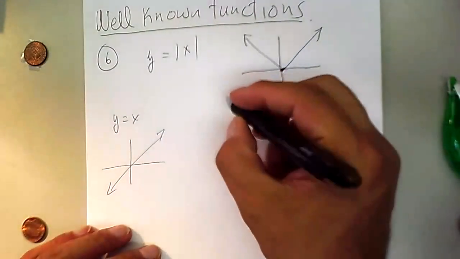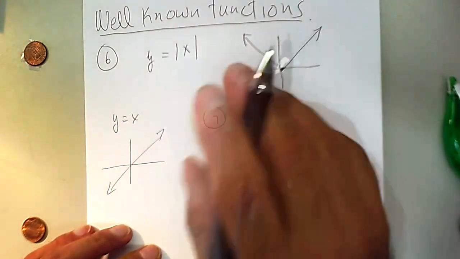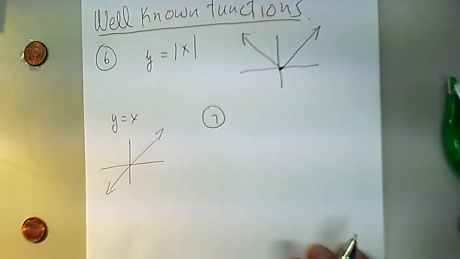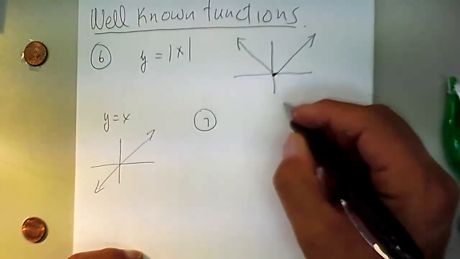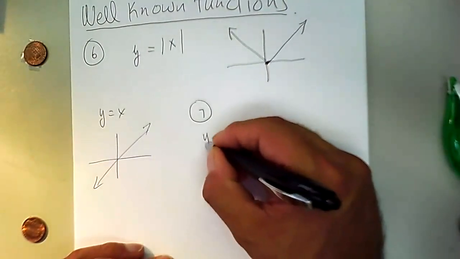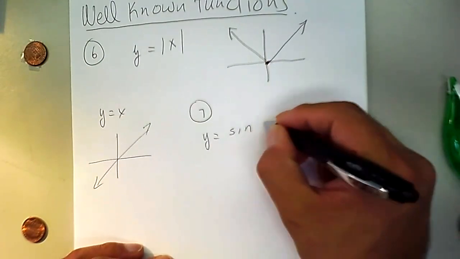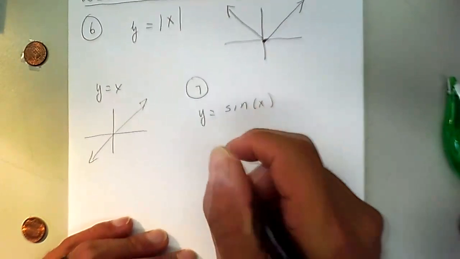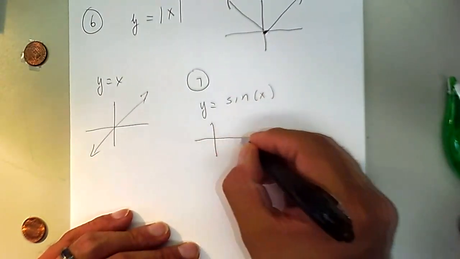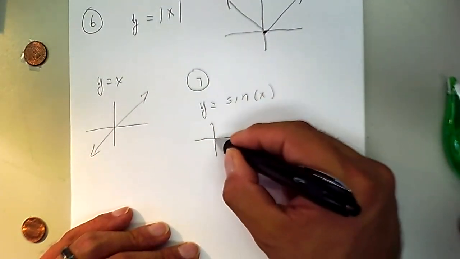Let me give you another example, 7, which is not part of this class. It isn't. But I just want to show you how dramatic this is. Let's say you have y equals sine of x. Don't get scared. This is a wave. I'm just going to tell you what it looks like. It looks like this.